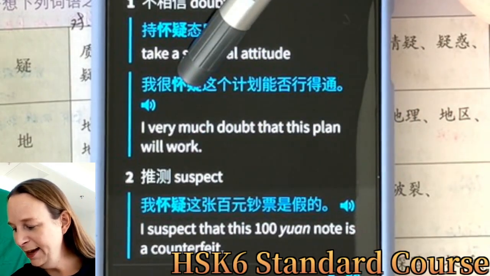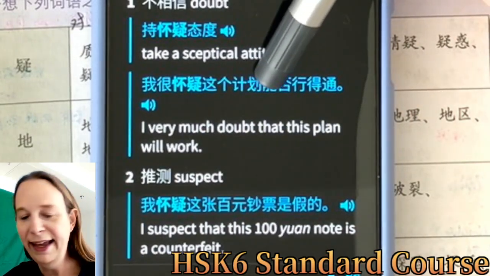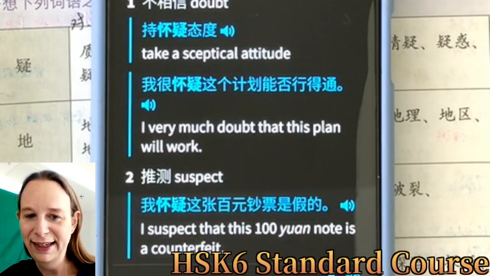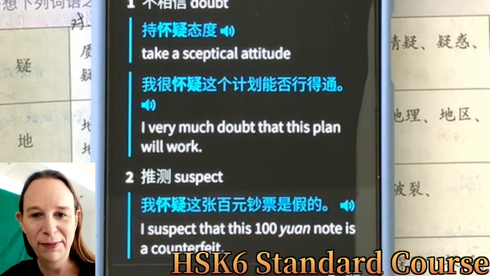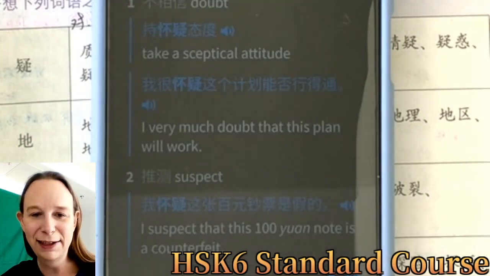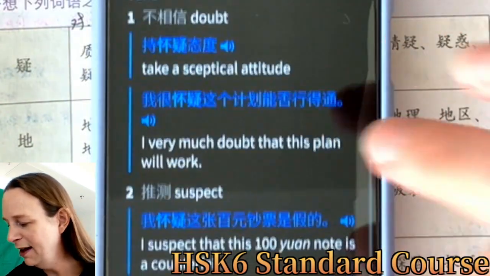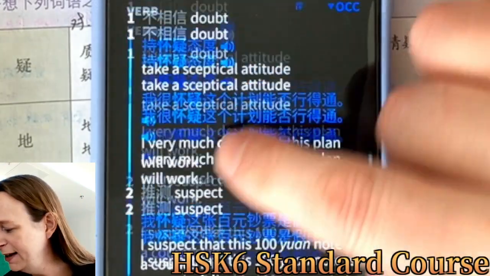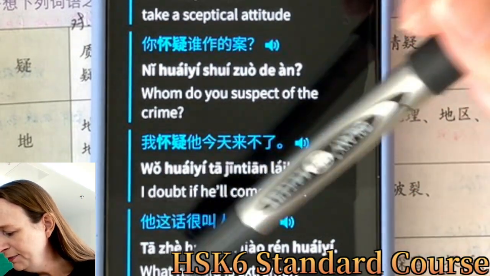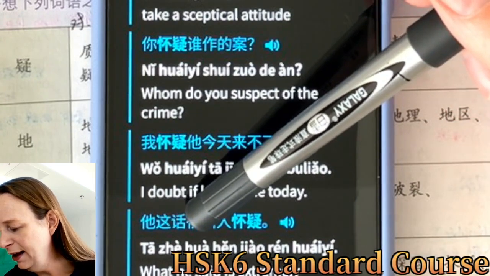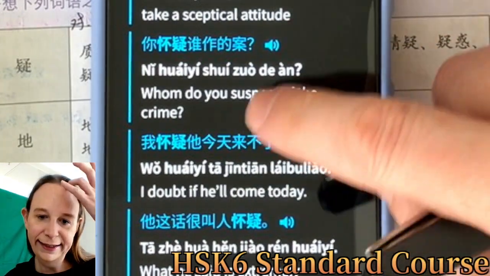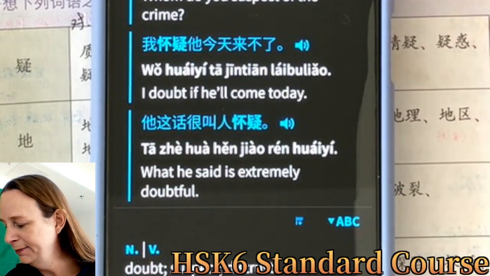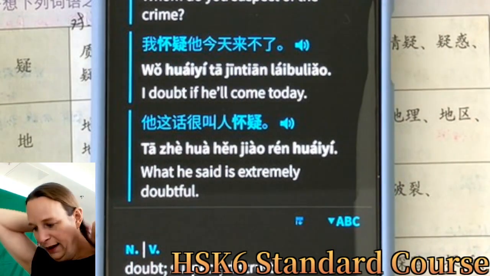I am very skeptical that this plan can 行得通. 行 means enact or be implemented. 得通 is like smoothly, right? So I'm skeptical that this plan can be enacted smoothly or something in that ballpark. 他这话很叫人怀疑. 那个叫是让的意思，叫人怀疑。Okay.